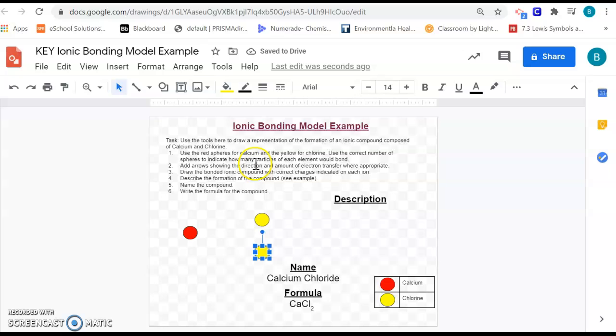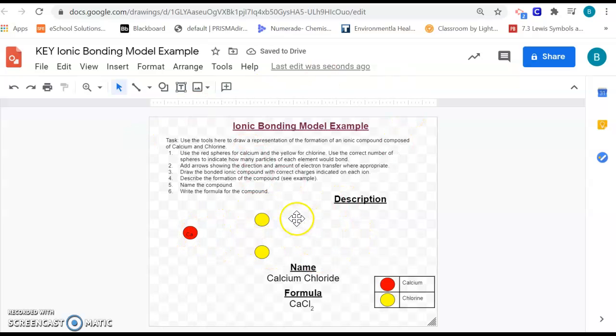So it says add arrows showing the direction and amount of electron transfer where appropriate. So I'm going to create a text box. And this is going to be Ca. You might have to move and shift some things around. So Ca is inside the red.